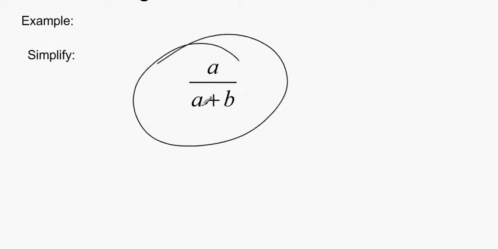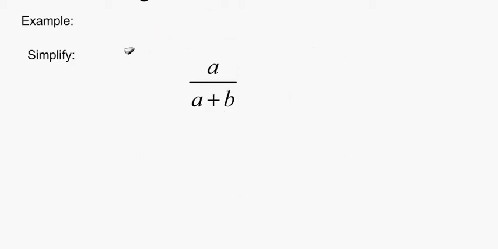There's no multiplication at the bottom. There are two separate terms here, a and positive b, so we can't really apply any law of exponents to them. In this case, there's literally nothing we can do. So the answer in the end would just be a divided by a plus b.